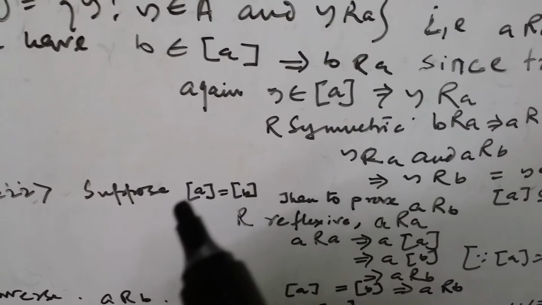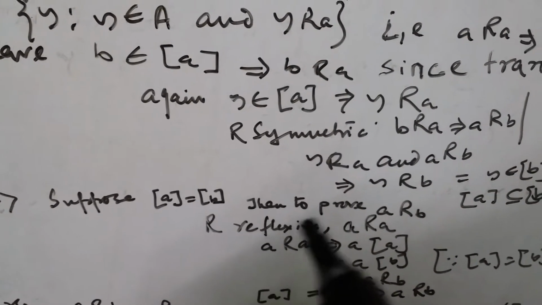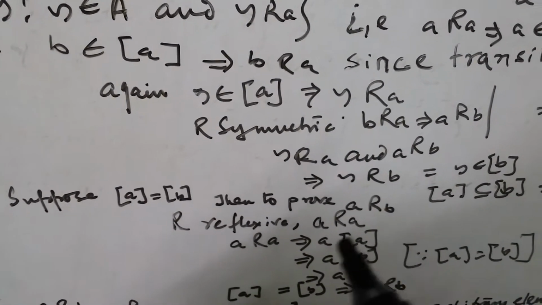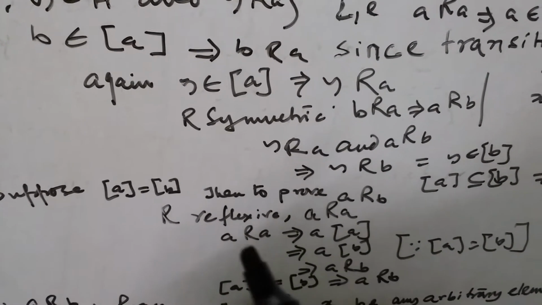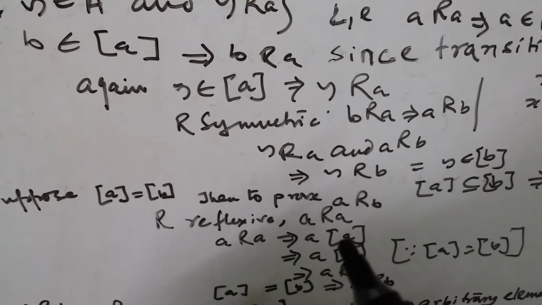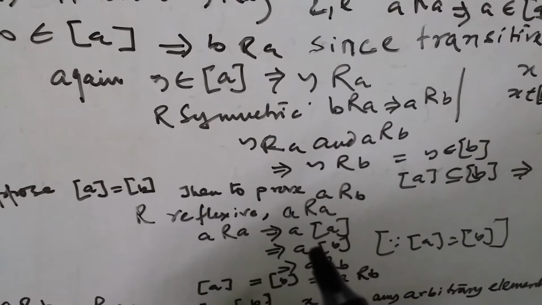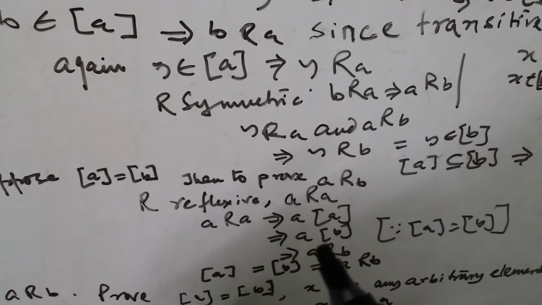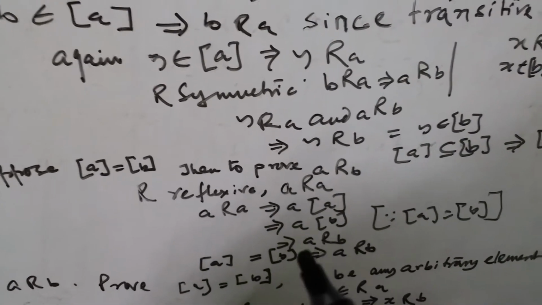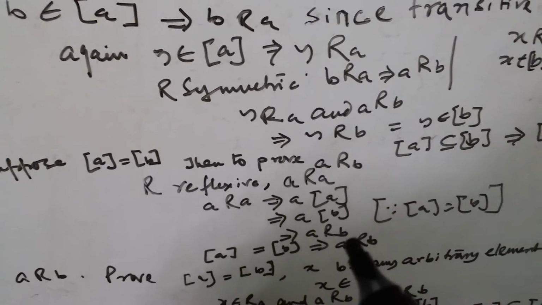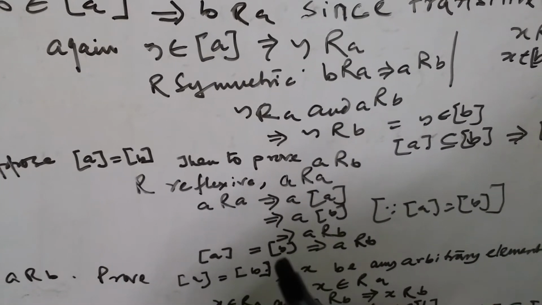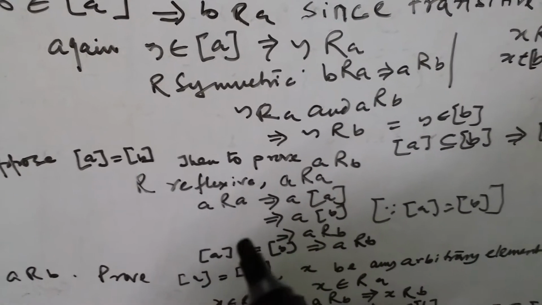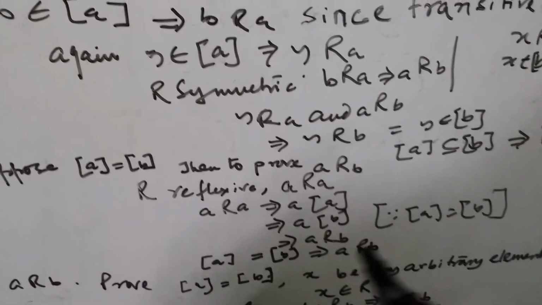Number 3, suppose [a] is equal to [b], then we have to prove aRb. Since R is reflexive, aRa. So aRa means a belongs to [a], and [a] equals [b], and that's why a belongs to [b], so aRb.